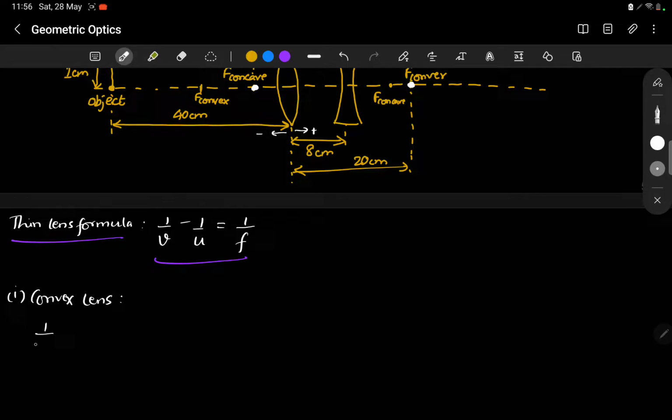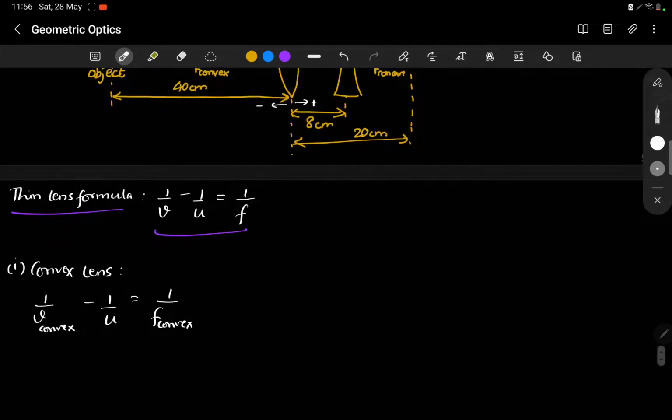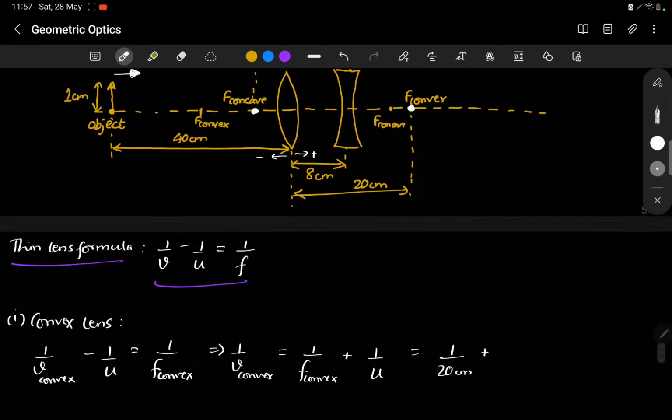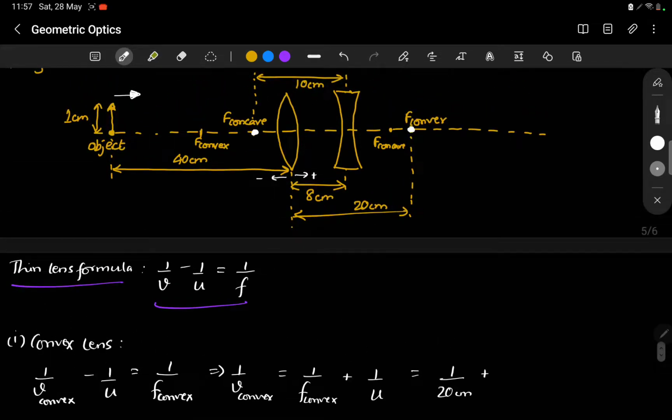By using the sign convention and plugging in the values, we have focal length is 20 centimeter and object distance will be negative according to the sign convention.